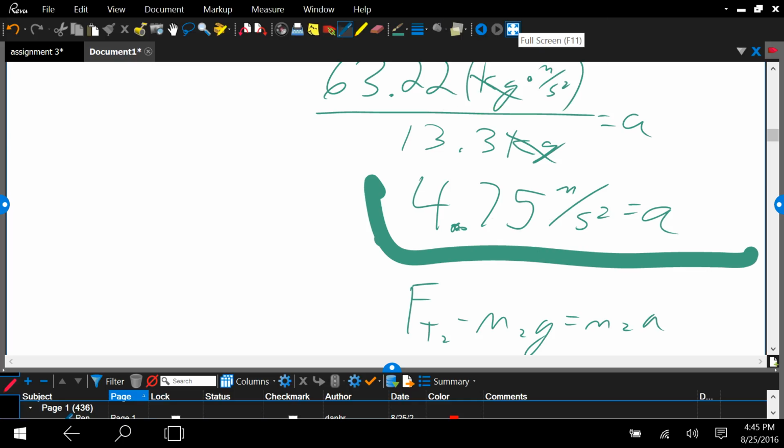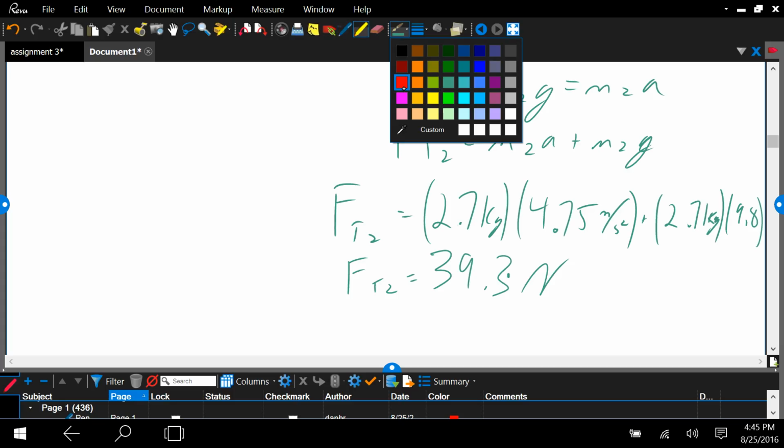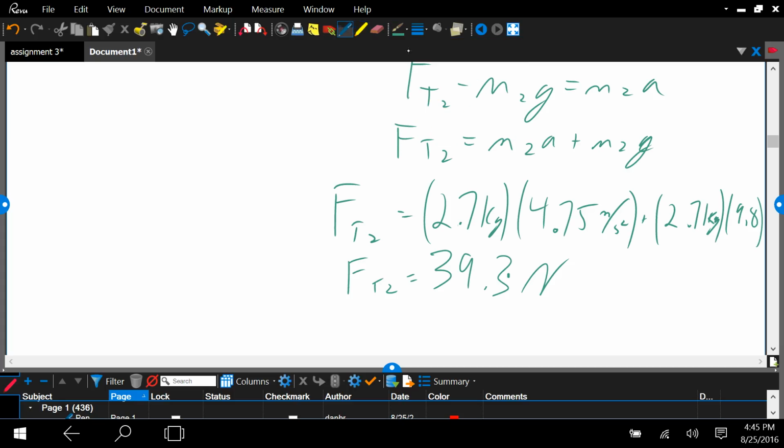So we calculate those two tensions with our acceleration of 4.75 meters per second squared. I kind of rewrote the equation down here for the block on the right. Then we have tension minus weight, and tension minus weight. There we go. So the tension minus the weight equals just mass 2 times acceleration.